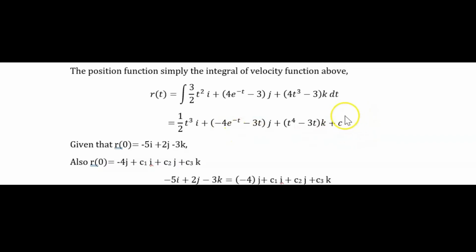Note that c is just the same as the previous step, where c equals c1 i plus c2 j plus c3 k, and we substitute the value of c into this, we get the answer of negative 4j plus c1 i plus c2 j plus c3 k. The value of this is from the question given. Therefore, we can compare both sides.